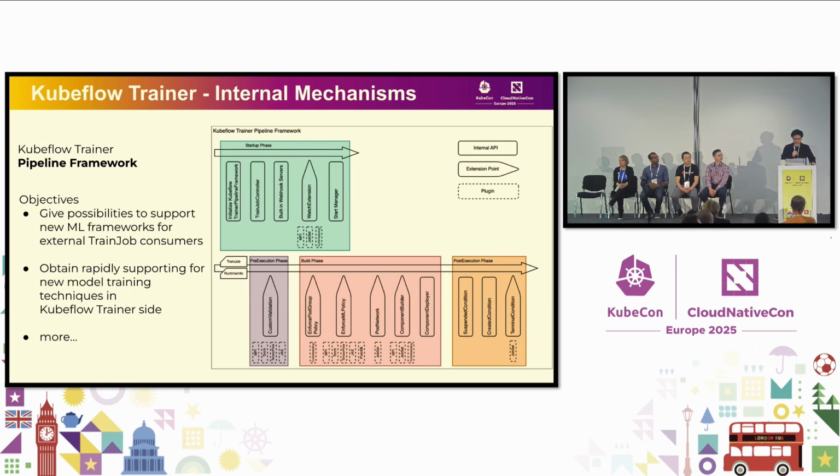So instead of dedicated job CRDs, we construct the Kubeflow Trainer pipeline framework only internally. This allows us to reduce maintaining CRDs and rapidly add ML frameworks in Kubeflow Trainer. Additionally, this allows platform developers to support arbitrary ML frameworks by themselves internally.